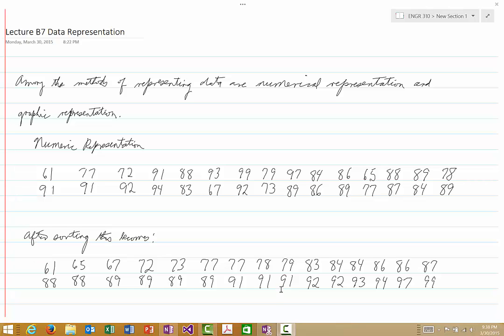Since we're listing every piece of data down here that we had up here, there are again 30 values, and some of these are repeated. But now in this list, they're listed in ascending order. And that's about all that we'll have to say about numeric representation of data.